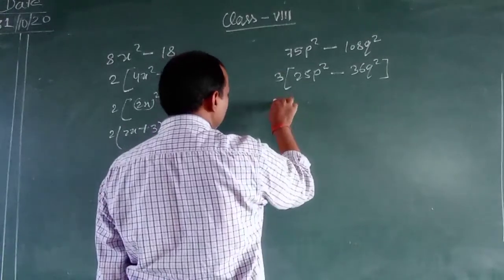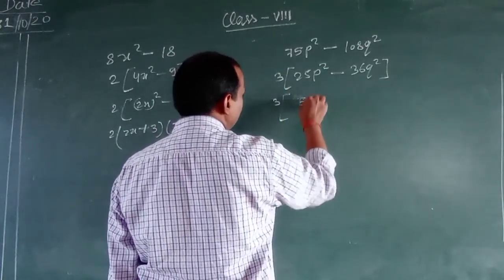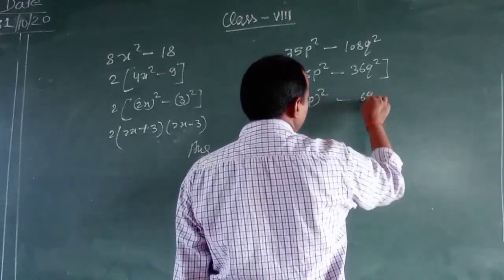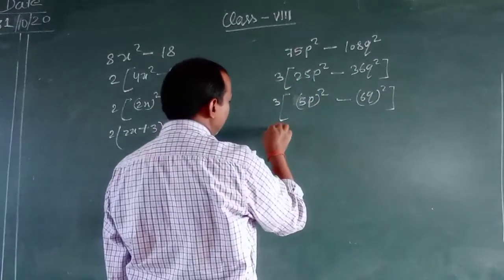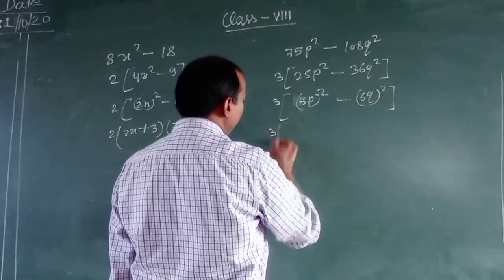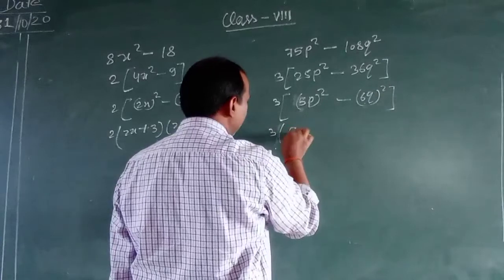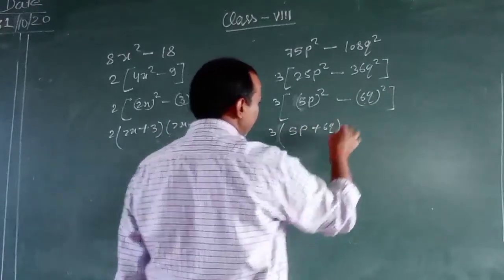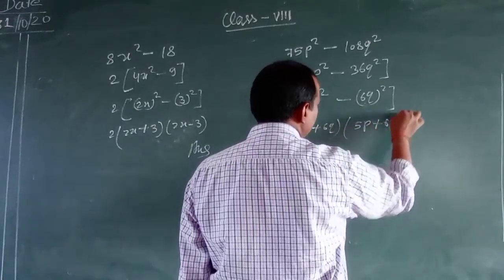Here again we can write 5p square minus 6q square. Again here we can use a square minus b square, so it can be written a plus b and a minus b. It means 5p plus 6q in first bracket, 5p minus 6q in second bracket.